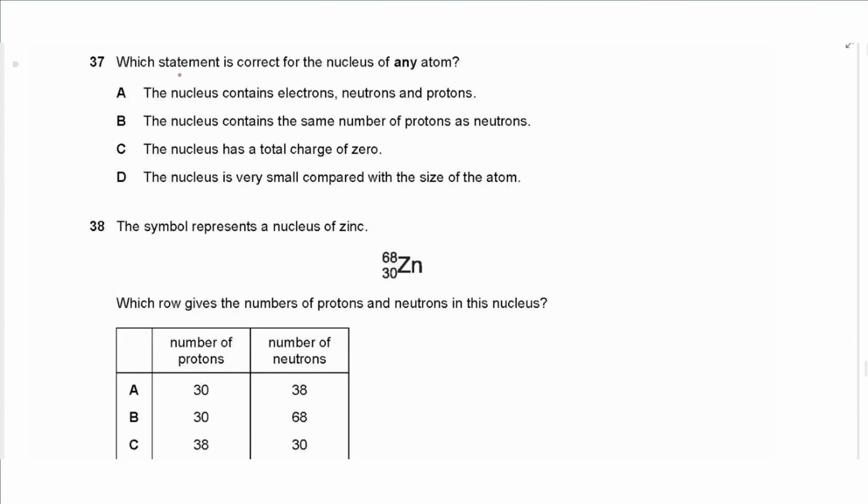Question 37 says, which statement is correct for the nucleus of any atom? The nucleus contains electrons, no. The nucleus contains the same number of protons as neutrons, not always. The nucleus has zero charge, no, because it has protons which are positively charged. The nucleus is very small compared to the size of the atom, yes.